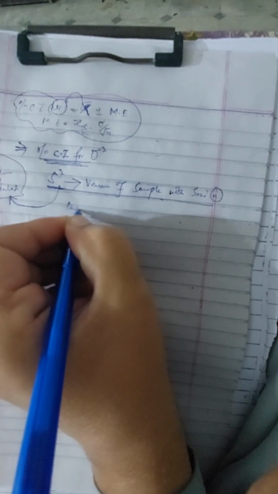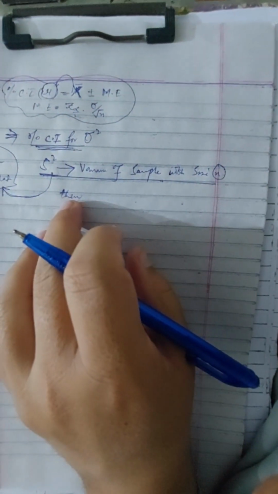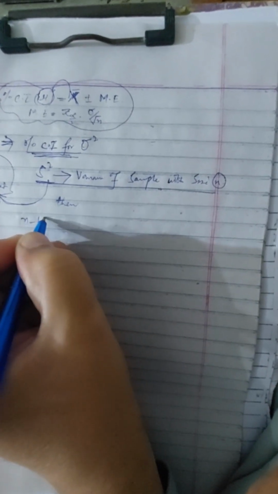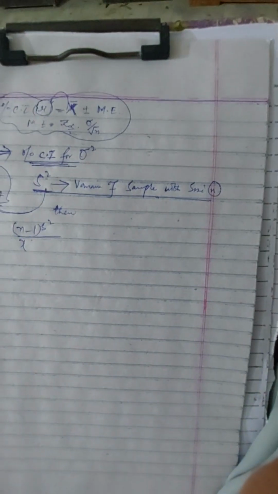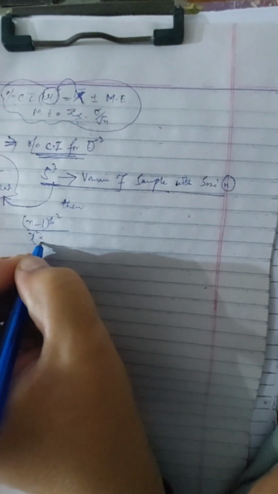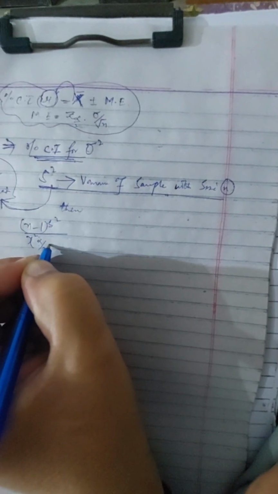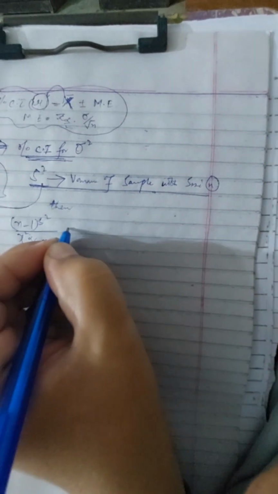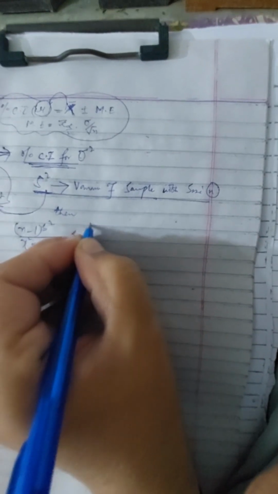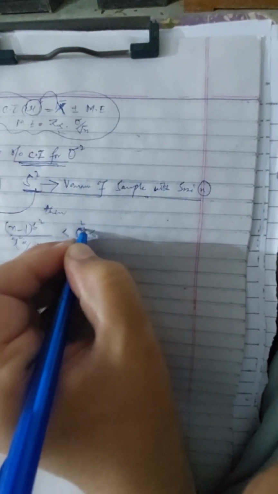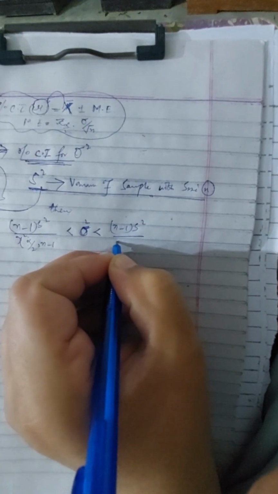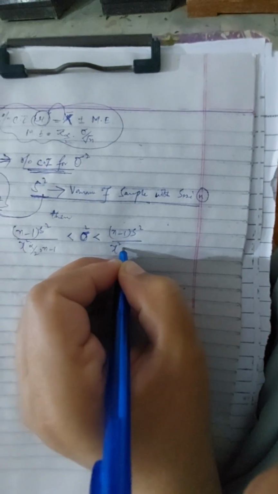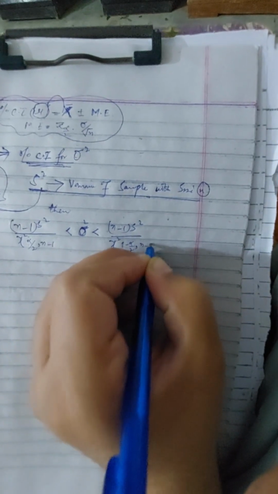Then the confidence interval for sigma square, the population variance, is equal to n minus 1 into S square divided by chi square of alpha by 2 with n minus 1 degrees of freedom, which is less than sigma square, and sigma square is less than n minus 1 into S square divided by chi square of 1 minus alpha by 2 with n minus 1 degrees of freedom.